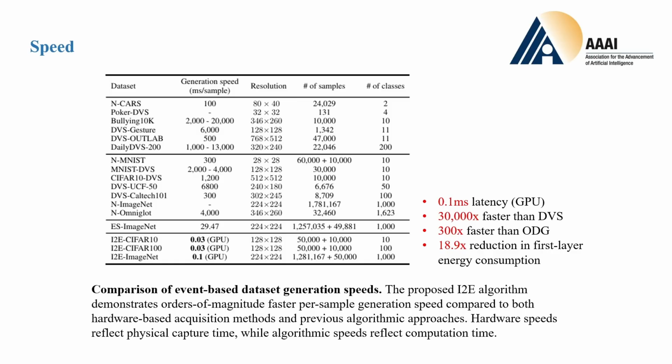This represents a 30,000-fold speedup compared to hardware capture and a 300-fold improvement over existing algorithms. Moreover, this efficiency translates directly to energy saving. Our method reduced the energy consumption of the first layer by 19 times compared to standard artificial neural networks. This efficiency is a key enabler for scalable, low-power neuromorphic systems.